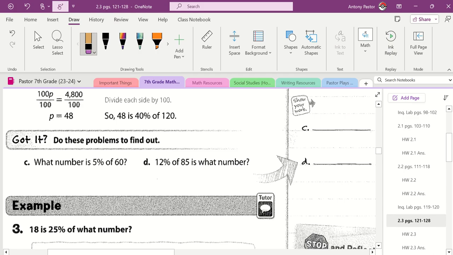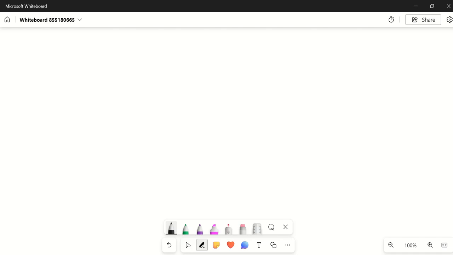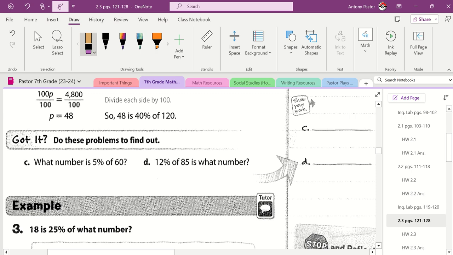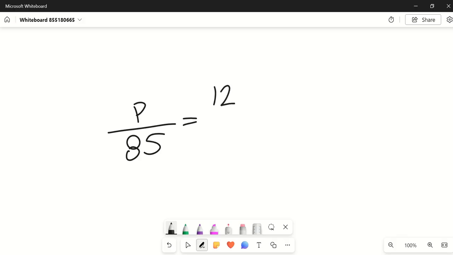Our next question is asking 12% of 85 is what number? Therefore, 85 is our whole. We don't know our part. And we know that it is 12%. This will be 100p equals 85 times 12.